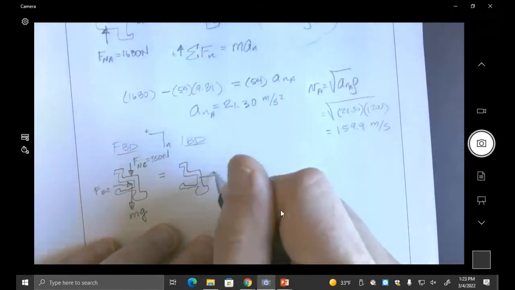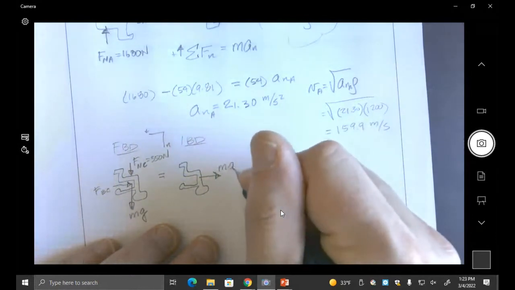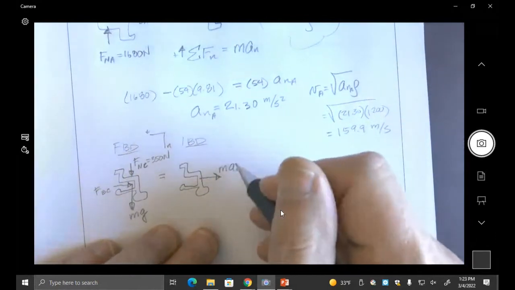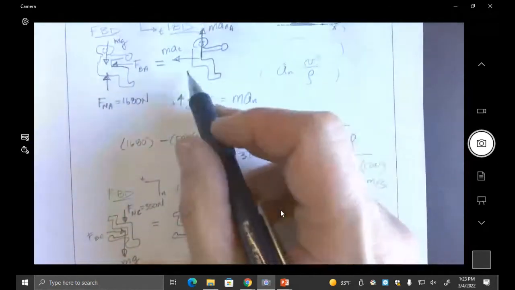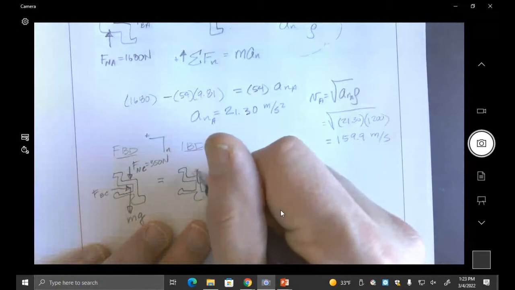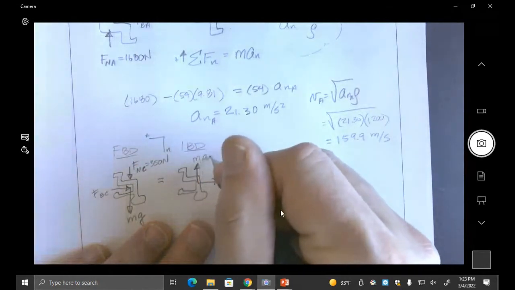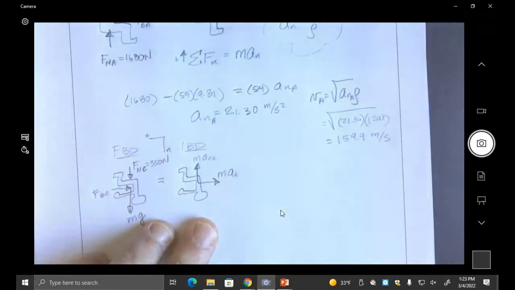But we know we're decelerating, so here's going to be our m a_t, and it's a constant, right? So this is the same tangential acceleration as the other one. It's what we're trying to find. But the normal is going to be going upwards, m a_n, let's call it at C.